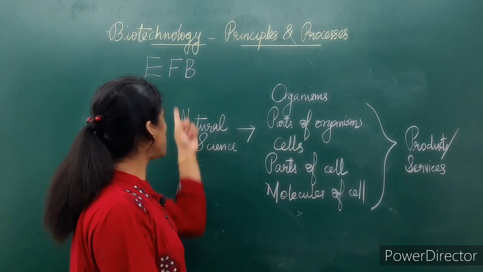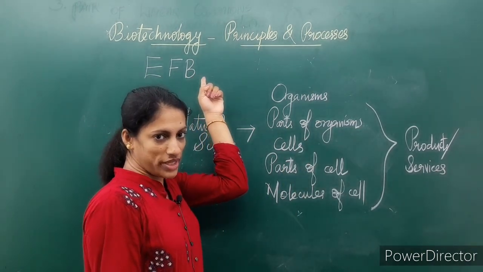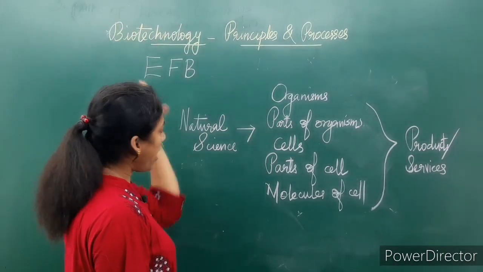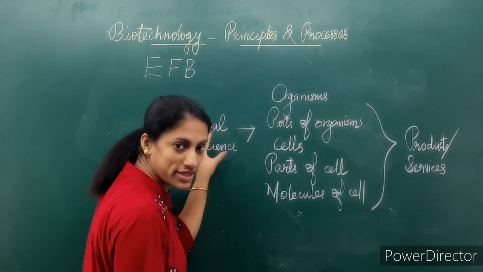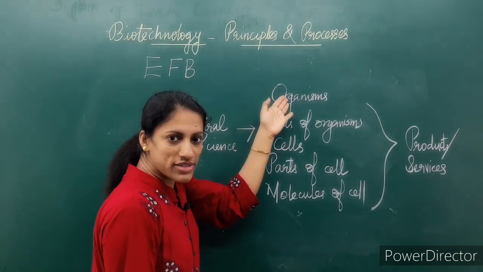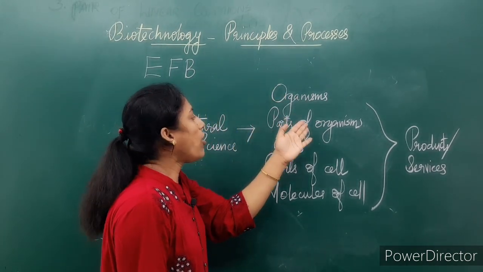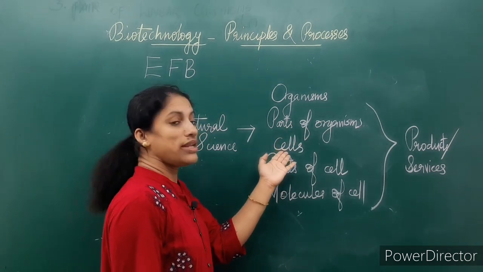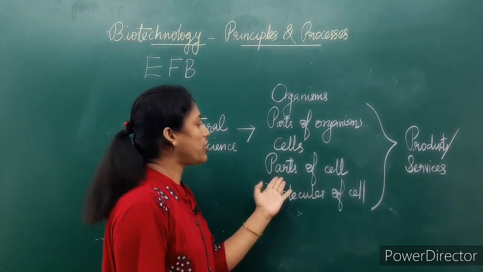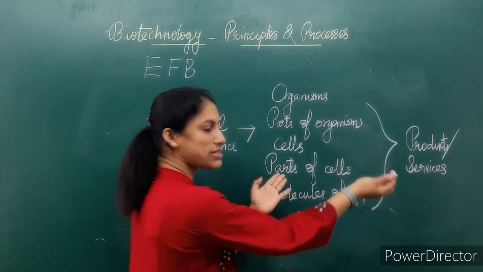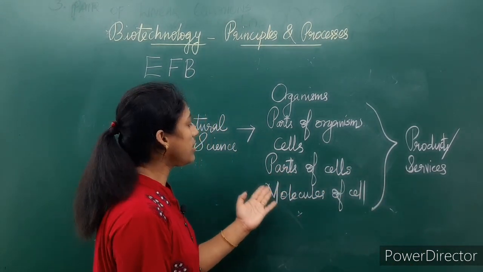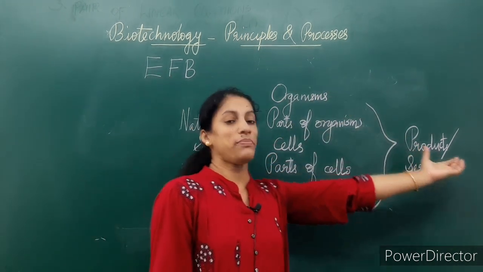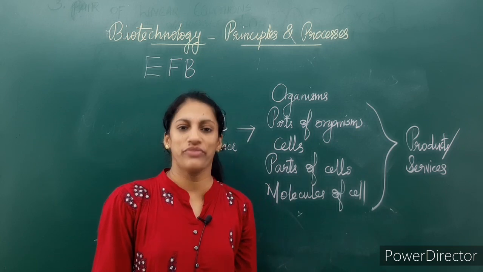The European Federation of Biotechnology, EFB, has defined biotechnology as an integration of natural science with organisms, living organisms as such, or the parts of organisms, some of the body parts of the organisms, then the cells of the organisms or the parts of their cells, the cell organelles or any part of their cells, then the molecules of the cells, in order to obtain products or to get some services.